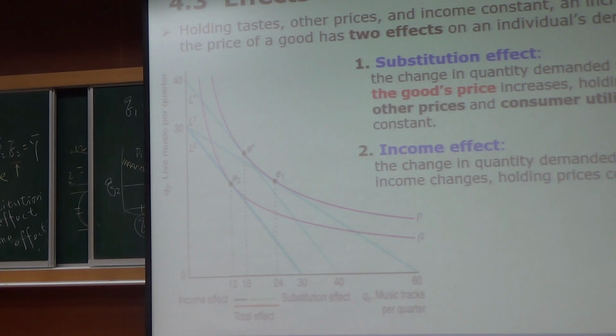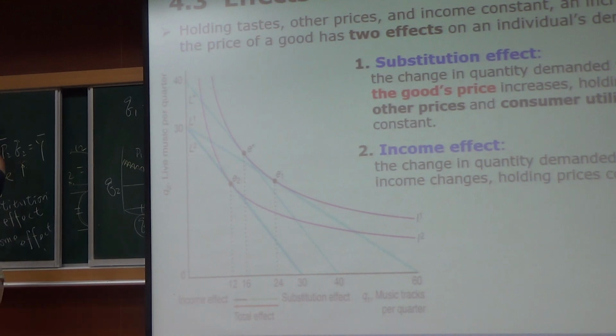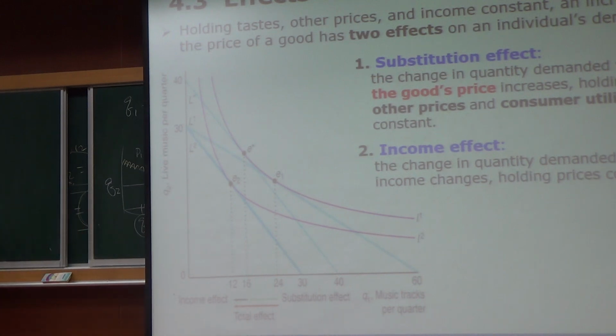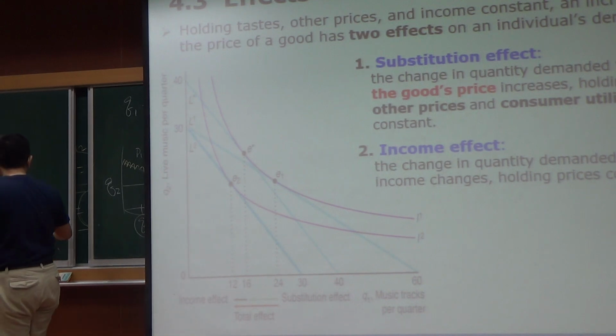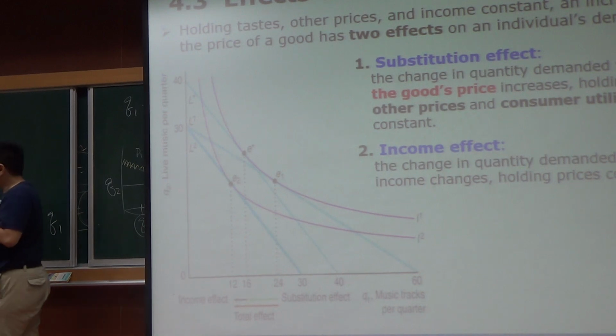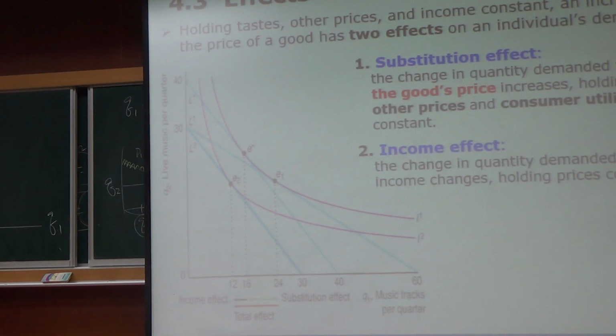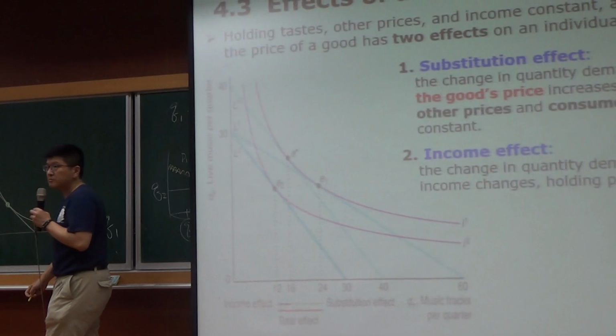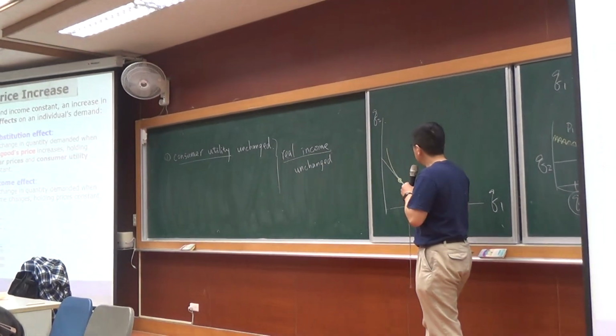So now we have the idea about the change of income when P1 increases. And I'll give you the opposite one. Q1, Q2. If this is the initial budget line, and this is the initial consumption bundle, the optimal choice we make.